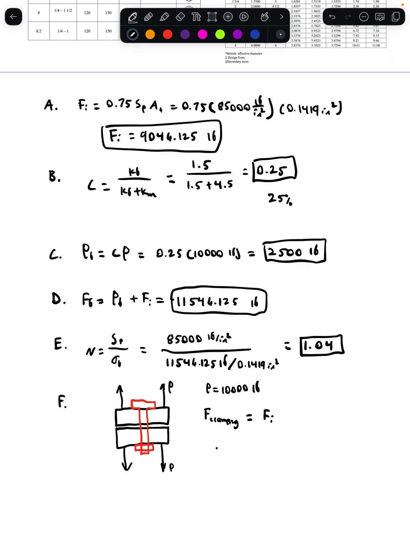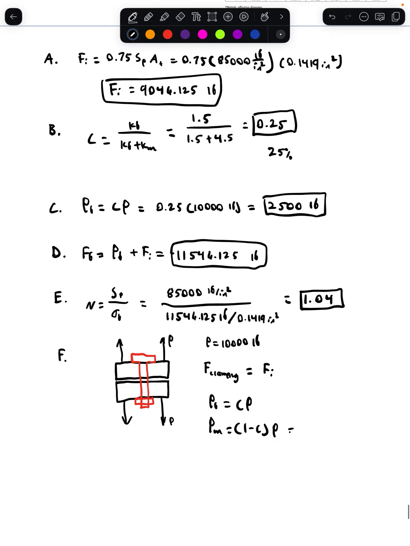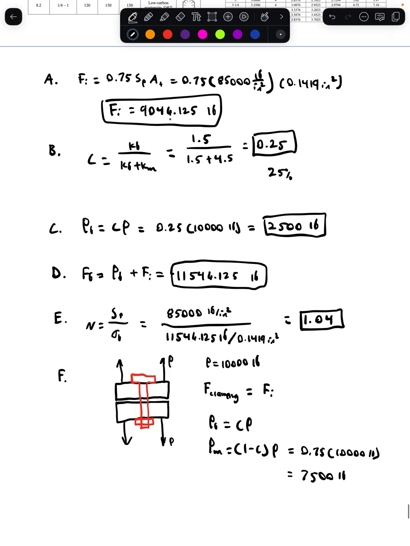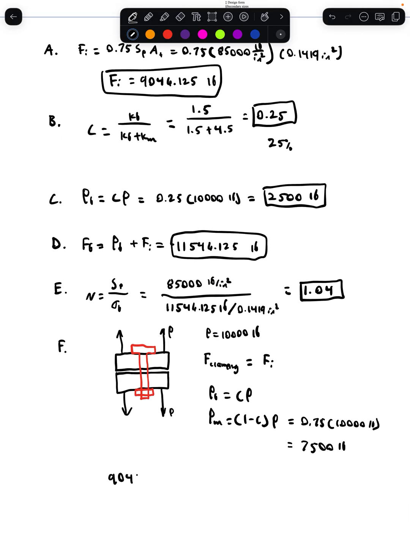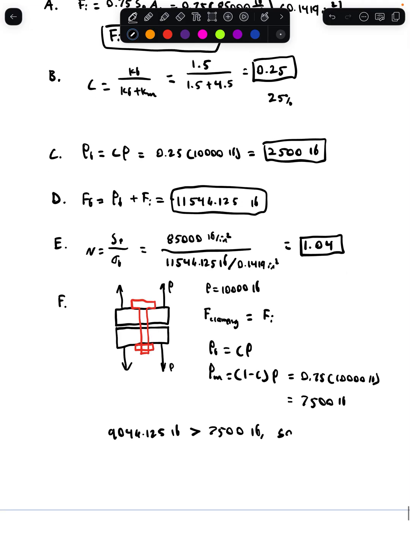Well, if you remember from above, the load the bolt carries was C times P. So we know that the load the member carries is just going to be (1 minus C) times P, which is going to be 0.75 times 10,000, which is 7,500 pounds. Our preload was this 9,046. So 9,046.125 pounds is greater than 7,500 pounds. So the clamping force is greater than the forces actually carried in those members. So it does not separate.